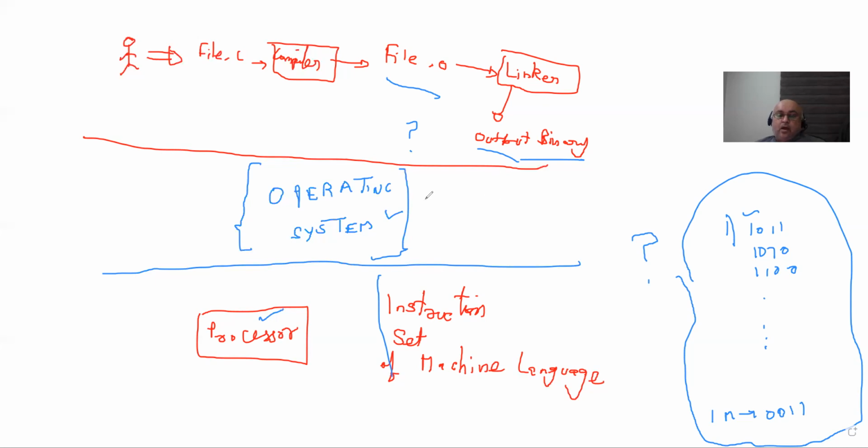The operating system in turn has a helper program called a loader, whose purpose is to load an application binary and run it, execute it, so that it can work.